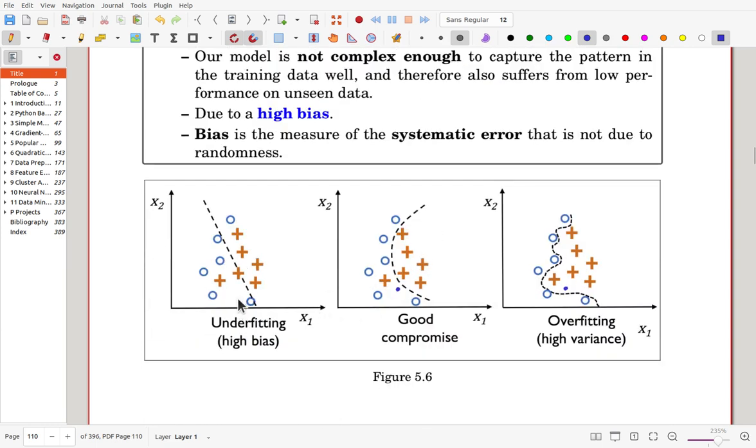As in this figure, the model is underfitted, so it has error on the data set, and later on for the test data it can have large error. And so we have to find a good compromise in the model, so that we can get good generalization.